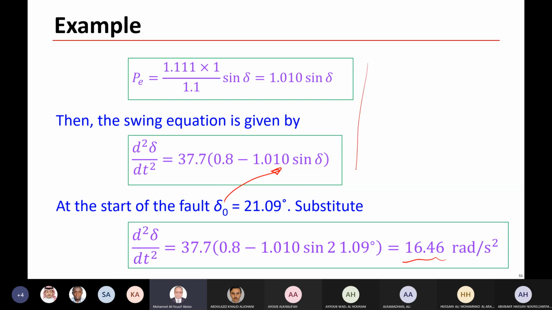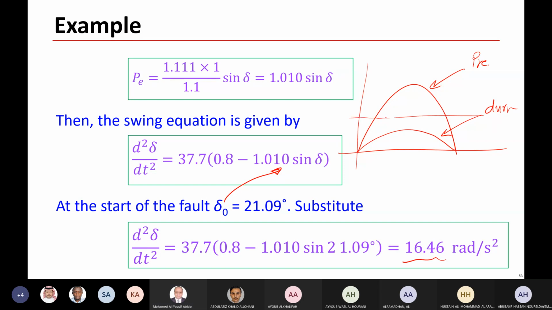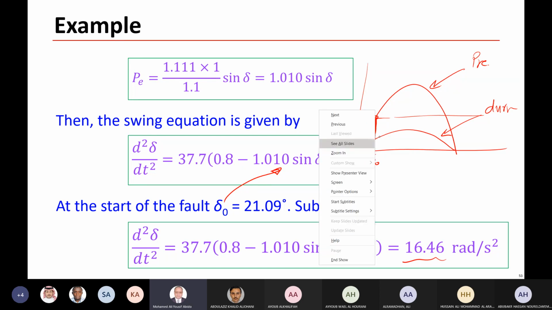So you have here P_e pre-fault, and this is during the fault. You were here at the beginning, delta 0, and then you jump to this point. So you are here.